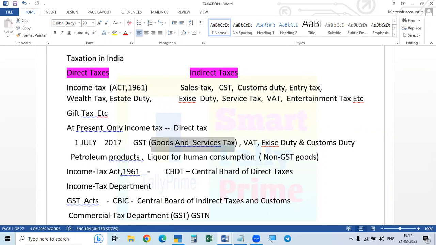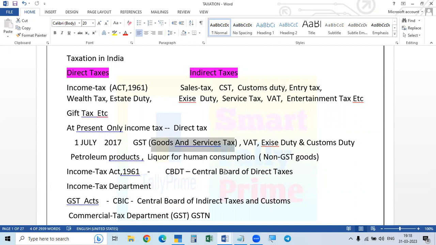For all the governments, the state governments and the central government, to serve the people, to run the government, and to provide infrastructure for the people, like roads, bridges, schools and colleges for education, hospitals for health, and also for protecting the country, military and defense equipment, and all other expenses, the government requires money.